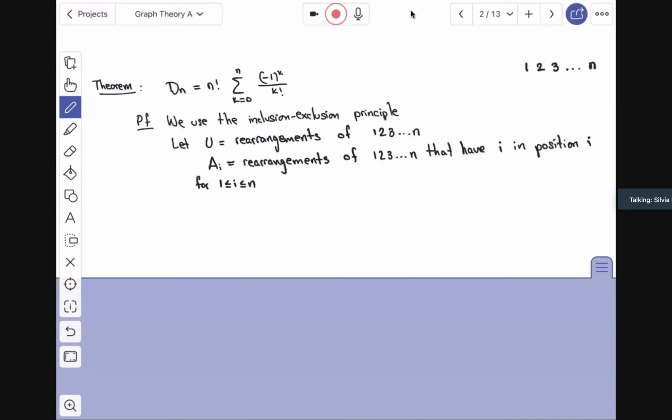So the issue is that we have to avoid that for every I at the same time, right? But when we just focus on one of them, we actually make it easier. The counting is easier. So those are our AIs.